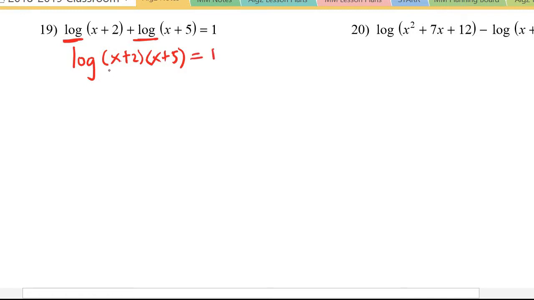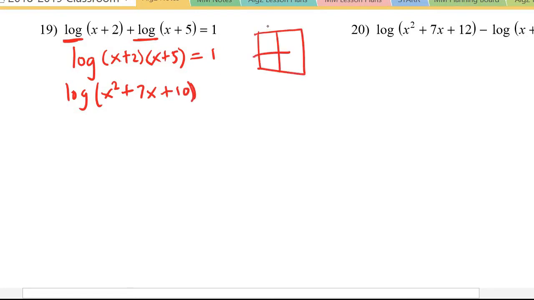So we are going to multiply these out like this. It's going to be log of x squared plus 7x plus 10. If you use your box to do this, I don't want to do it here, but if you go ahead and do x plus 2 and x plus 5, you get that.